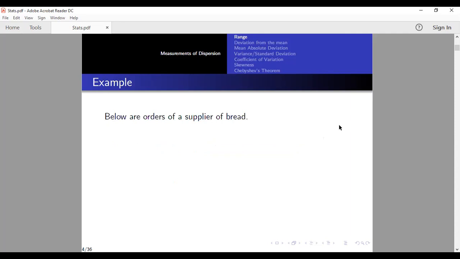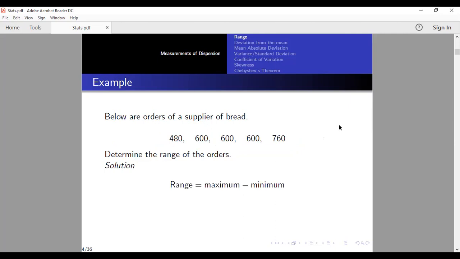So we're going to take an example. Below are orders of a supplier of bread: 480, 600, 600, 600, 760. Now, we want to calculate the range. And it's simple. We simply do this: maximum minus minimum.